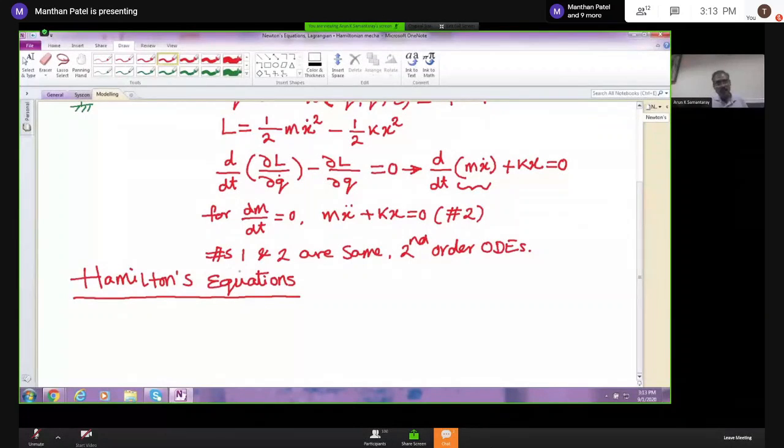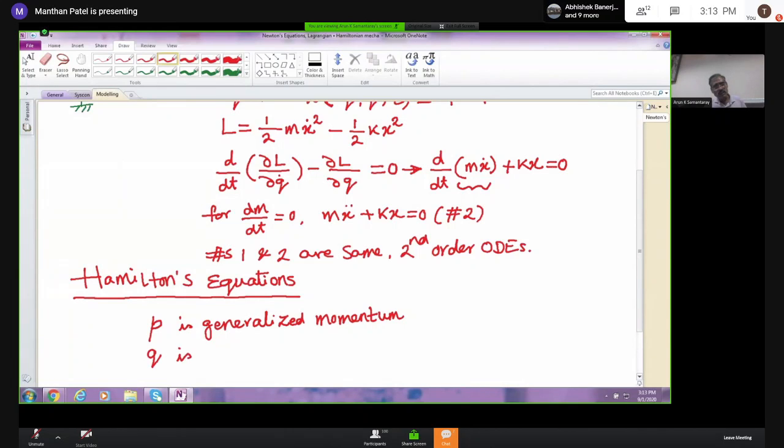So in Hamilton's equations, as you know, we define generalized variables: P is generalized momentum, and Q is generalized displacement.